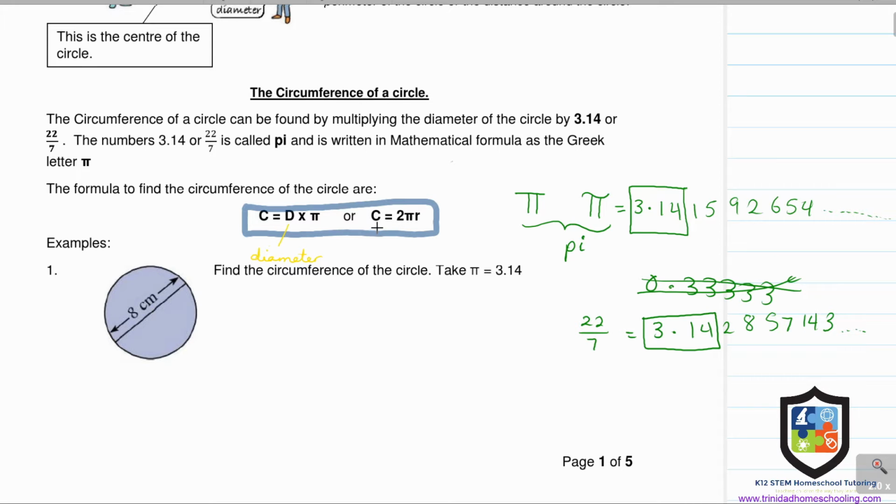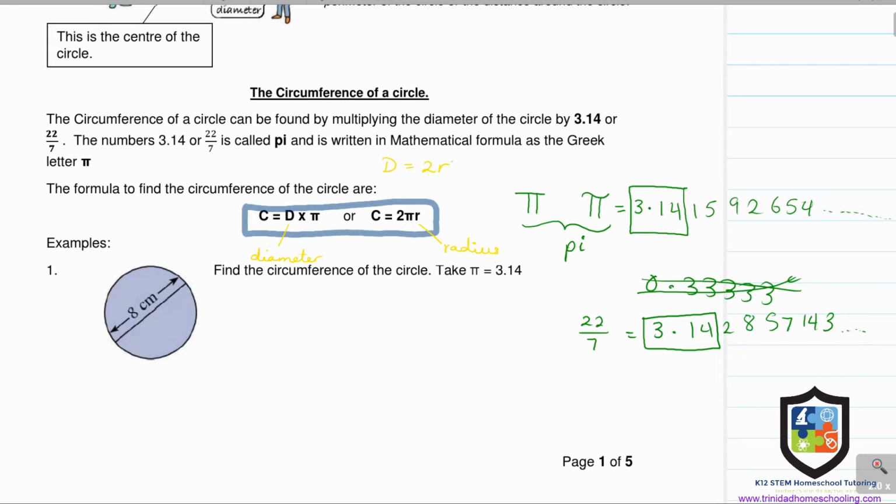Circumference could also be 2 multiplied by the value of pi multiplied by the radius. Remember above we said that the diameter is equal to 2 times the radius. So in this second form, the diameter is just being replaced by 2 times r. We say circumference is equal to 2 pi r, 2 multiplied by the value of pi multiplied by the radius.